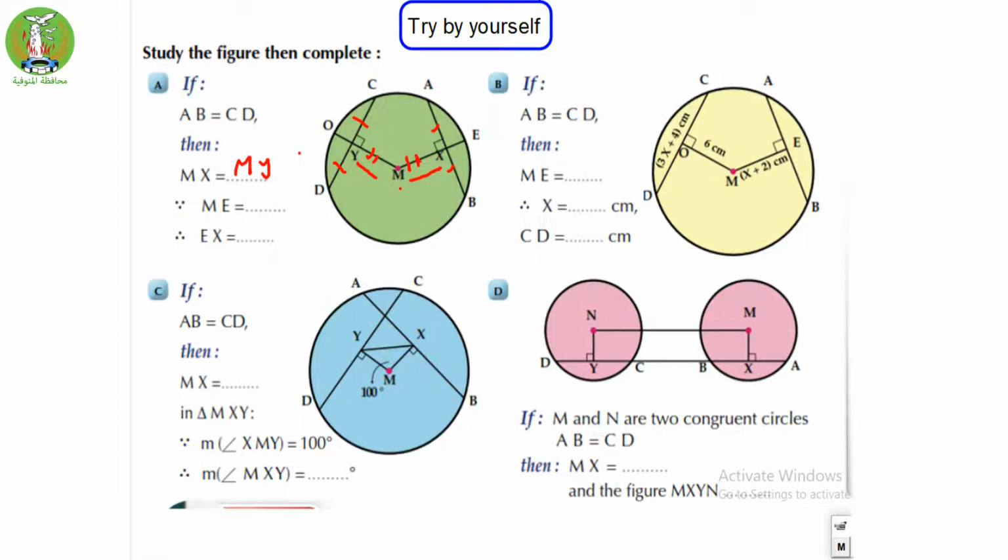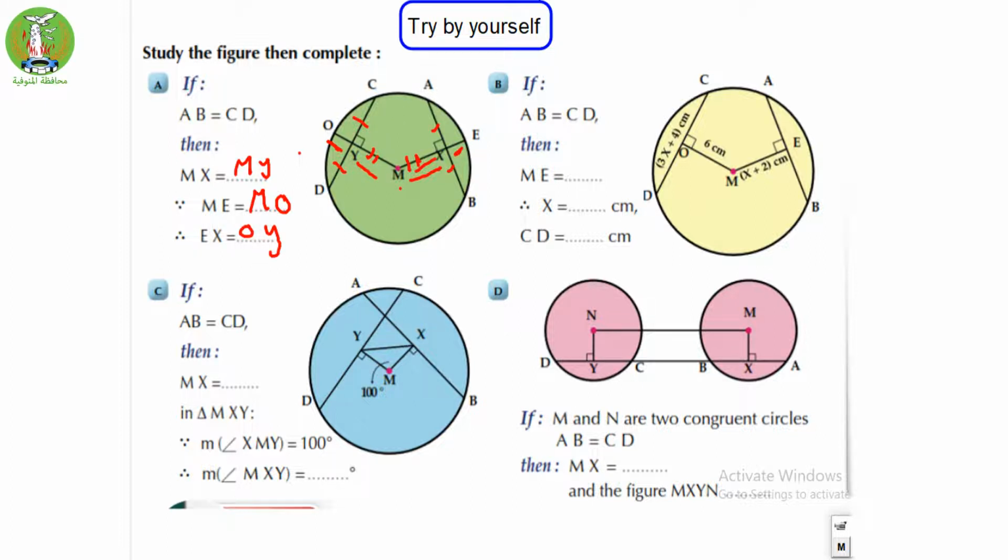Since ME is the radius in the circle, equals MO as the radius in the circle, then EX equals space, EX here equals space, EX equals OY.